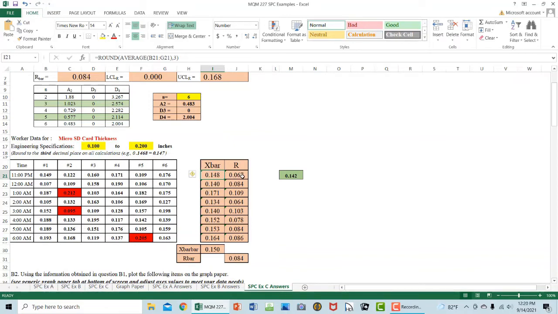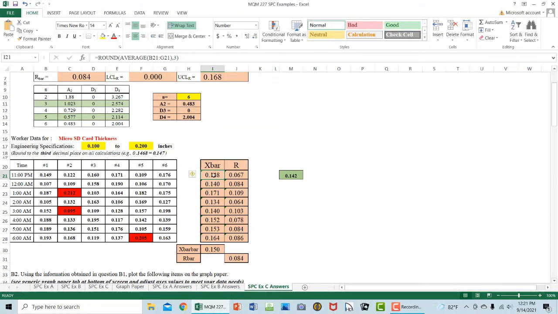For range, it's the largest number here, which would be 0.176, subtract the smallest number. You calculate the biggest number minus the smallest number, all the way down to get your ranges.